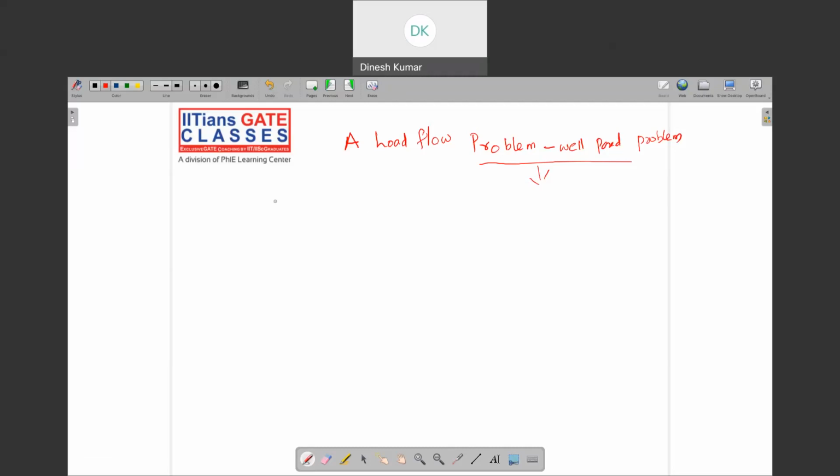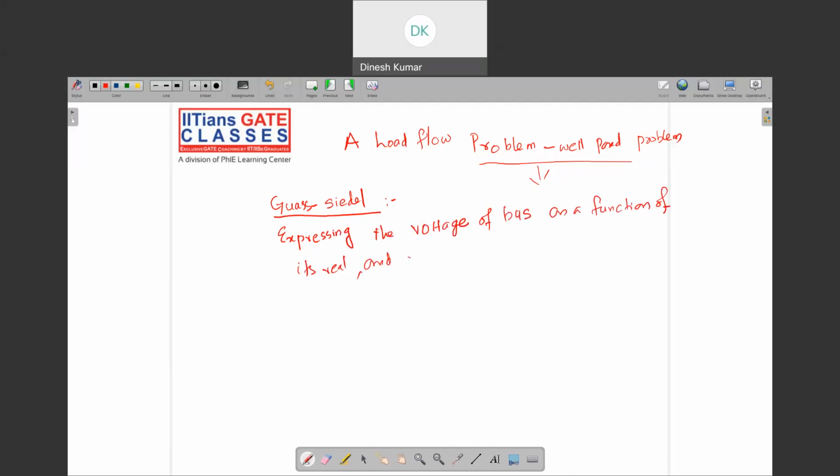Okay. So in Gauss-Seidel, what we normally do is express the voltage of a bus as a function of its real power, reactive power, and network parameters.